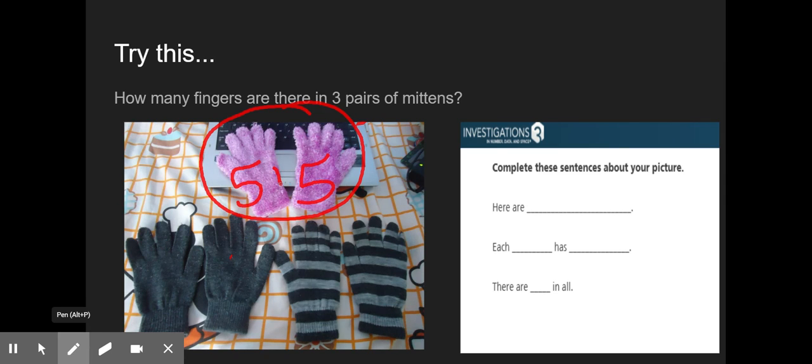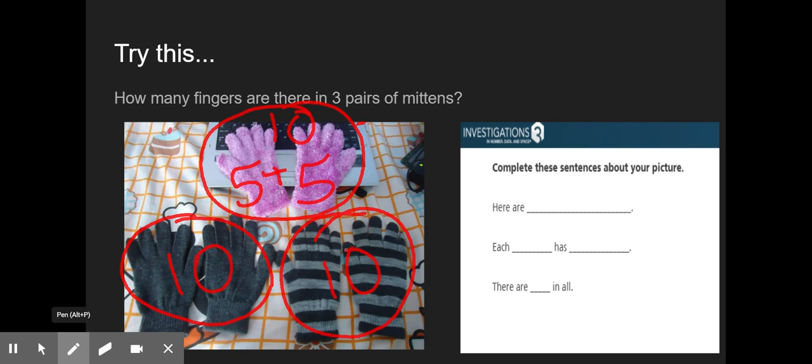So I have to add those together in order to figure out that there are 10 total fingers on each pair of mittens. So if I have 10 fingers on the purple mittens, I also have 10 fingers on the dark gray mittens, and I also have 10 fingers on the striped mittens. So now I can see I could count by 10s.